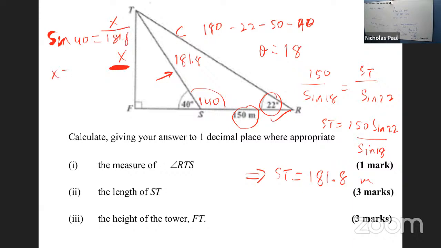Then solve for x. 181.8 sine 40. What is that? 116.9.